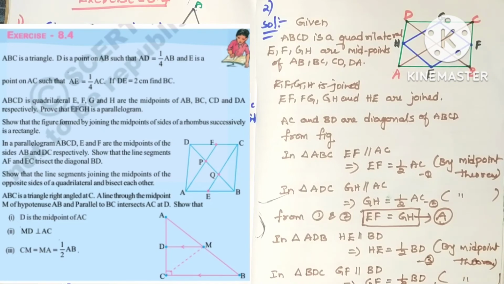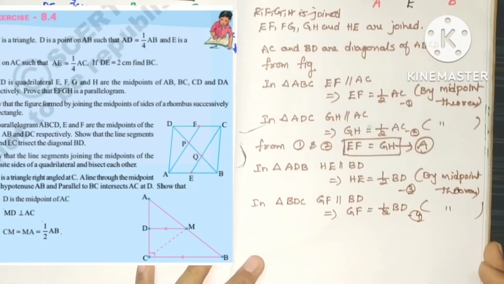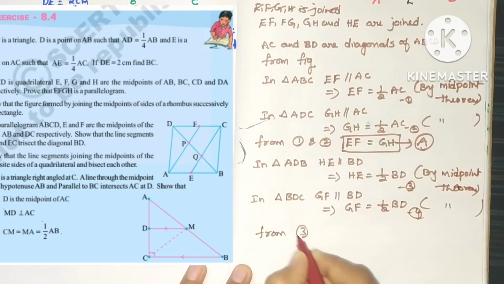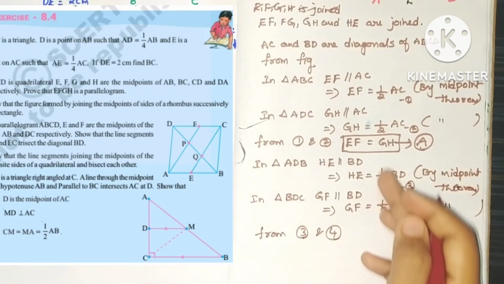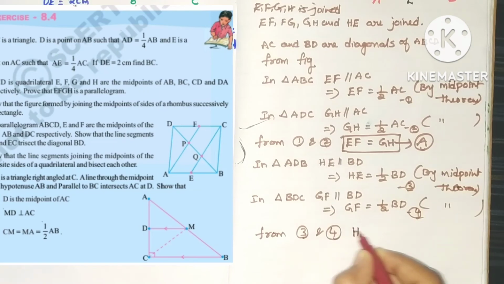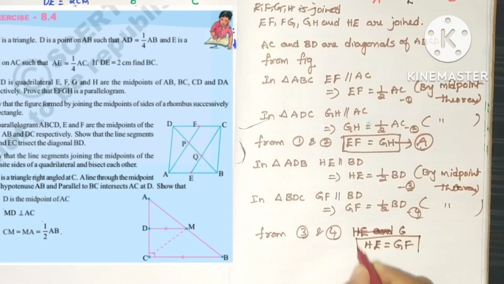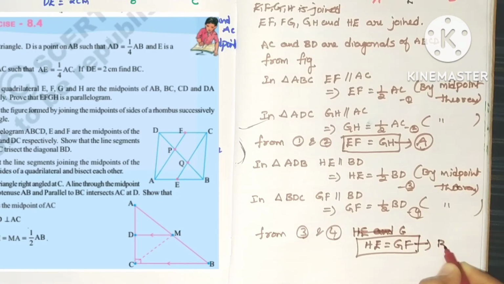So let it be 3 and let it be 4. Now from 3 and 4, we can write these two sides are equal, HE equals GF. So let it be B.